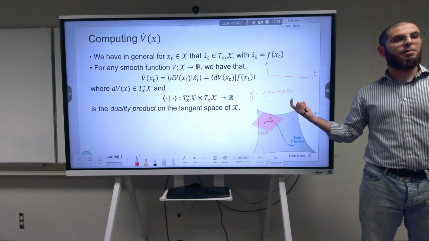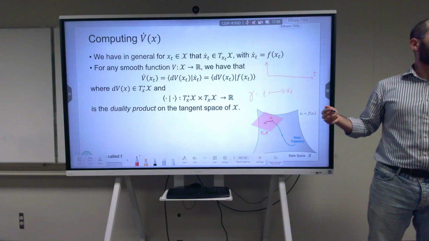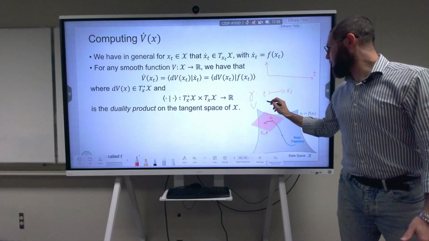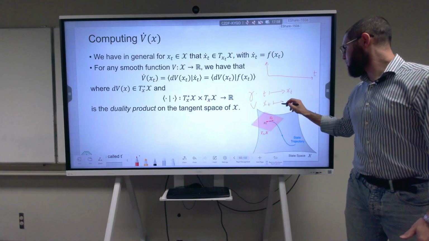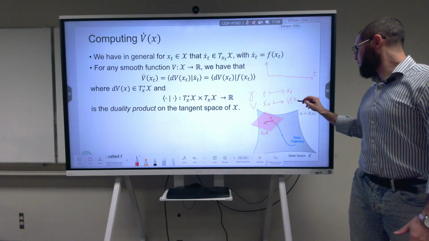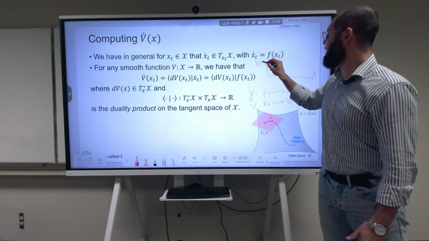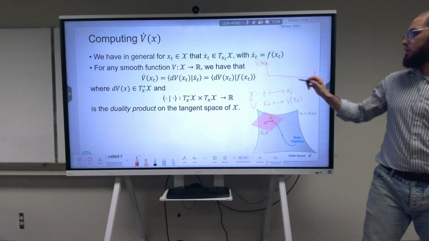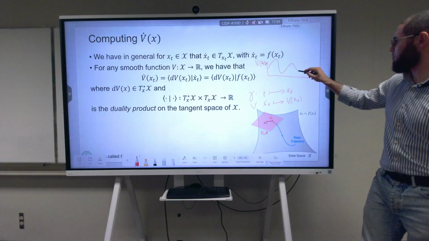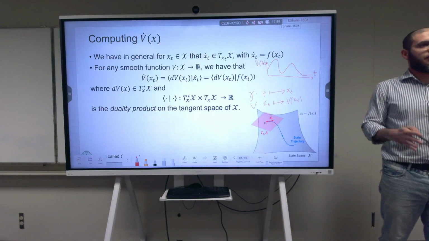After I get this point on the manifold, I plug it into the function V. So the V will eat up the x(t) and give you a point, V of x(t). I'm going to call V of x(t) here just something like this. It's a function of time, right?